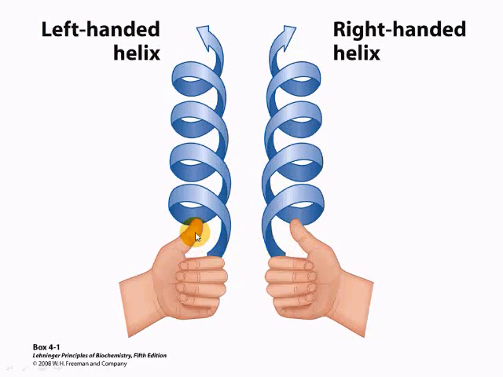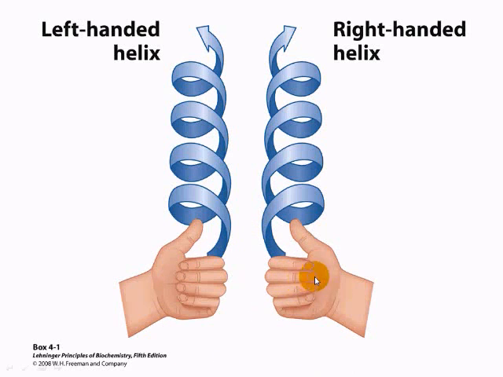Okay, alpha helices can be left-handed or right-handed, and this diagram is just showing how you tell if an alpha helix is left-handed or right-handed. I don't think you guys will ever have to worry about that.